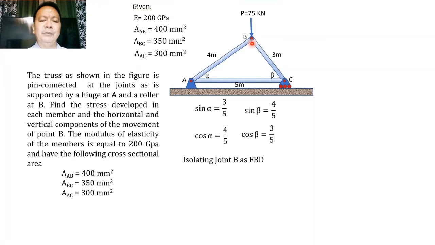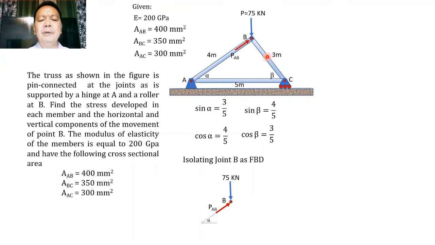in order for us to determine the force acting on member AB and member BC. So if we're going to show it here, that would be the direction of our force. The magnitude is equal to P of AB, and this force would be inclined with respect to the horizontal by the angle alpha. This angle is equal to angle alpha.